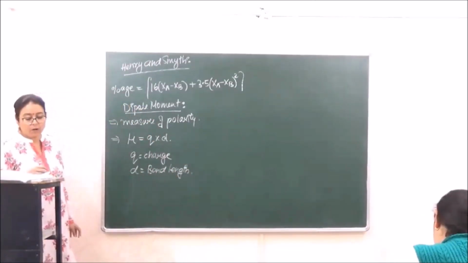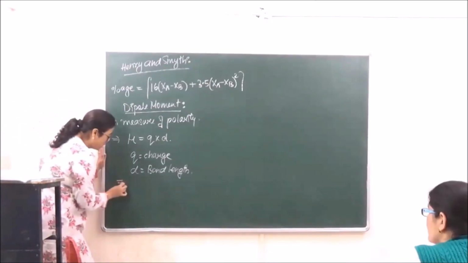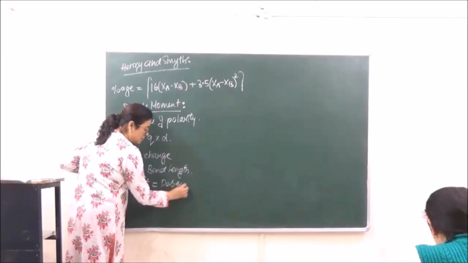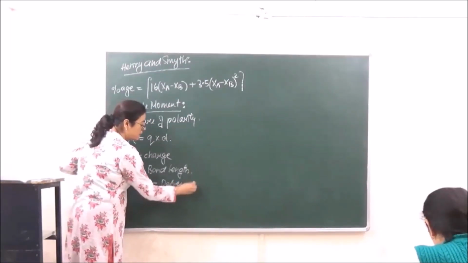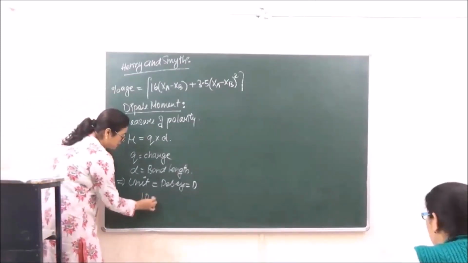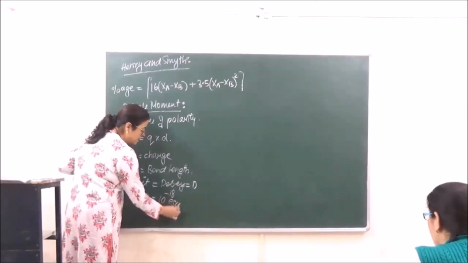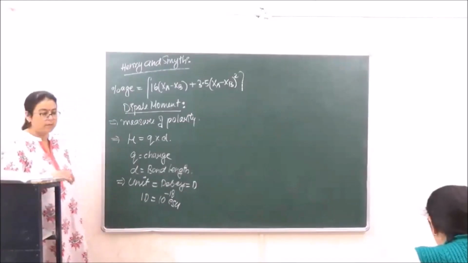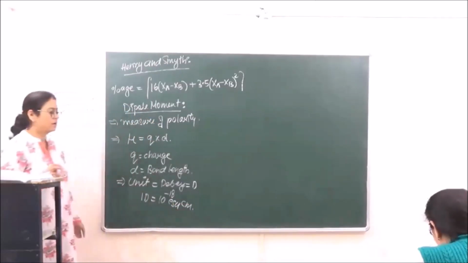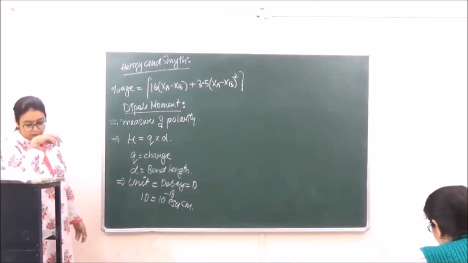Now generally the unit for dipole moment is debye, or it is represented by capital D. The value of 1 debye is equal to 10 raised to power minus 18 electrostatic unit, ESU, and because we are also taking the bond length, centimeter. Where electrostatic unit is the unit for charge and centimeter is the unit for length.